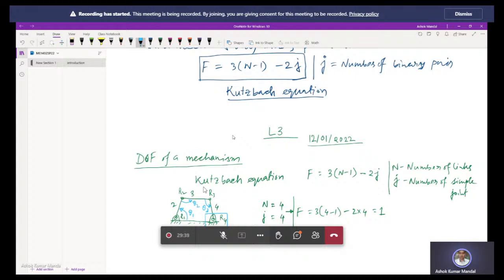That gives you the number of coordinates required: three.